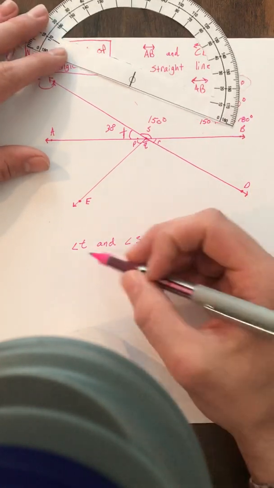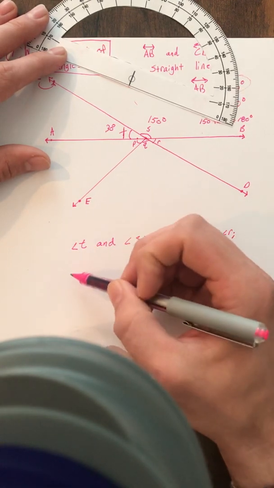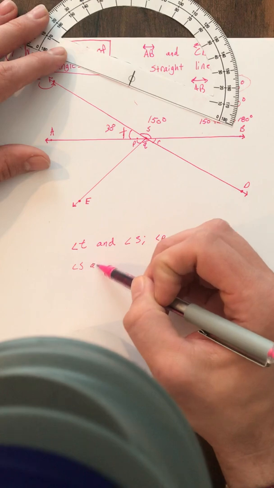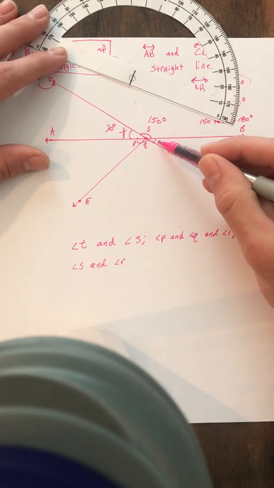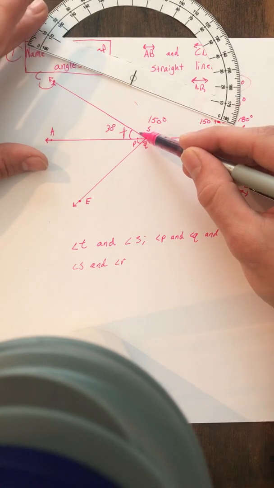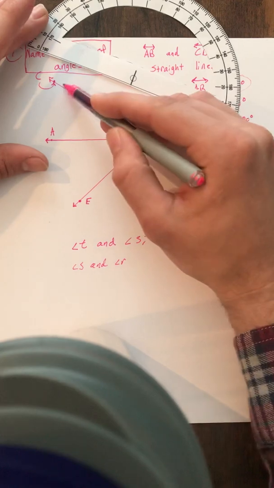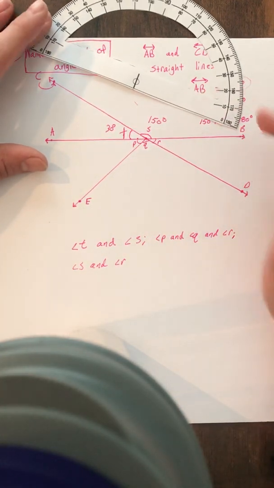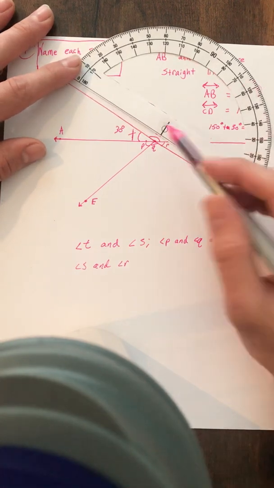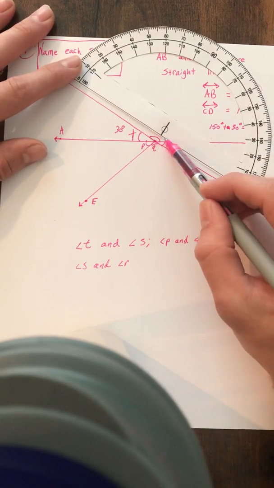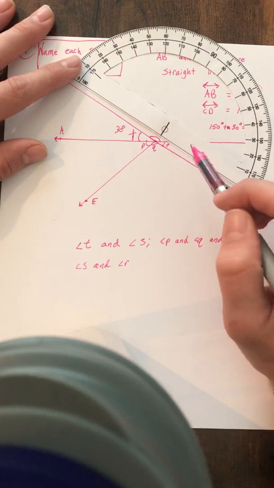So I could write down angle S and angle R for line CD. I can tell that just by using my eyes, because if I put my protractor here, angle S touches there, goes all the way around, and angle R touches there. So S and R together is 180.